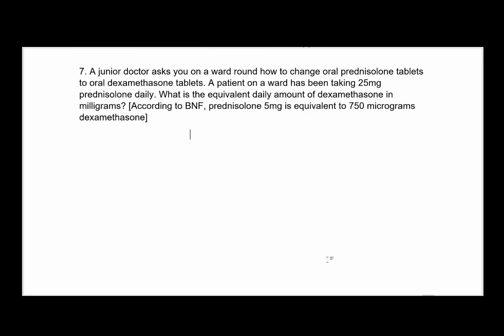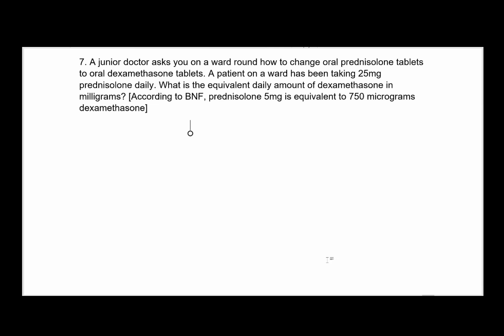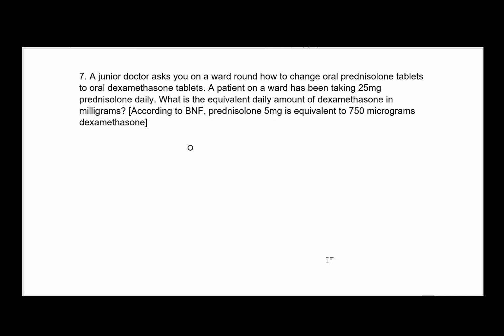Okay, the question we did before the break was the conversion of digoxin tablet into digoxin elixir. So this is a pretty much similar question, but it's a bit simple. A junior doctor on a ward round asked you how to change the oral prednisolone tablet to oral dexamethasone.